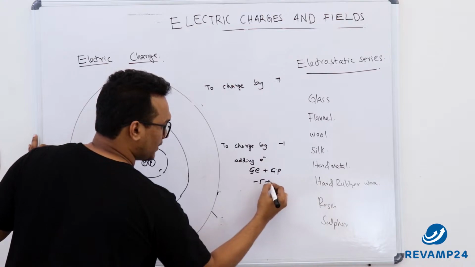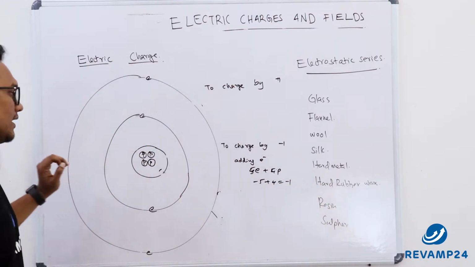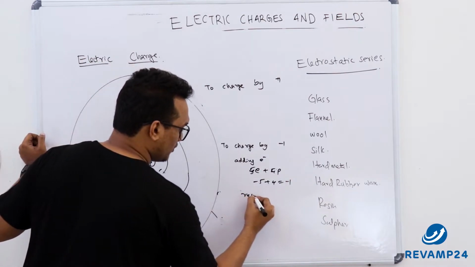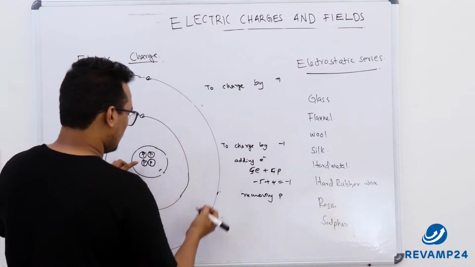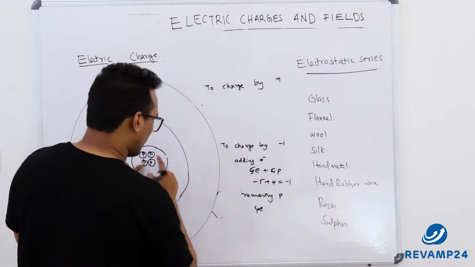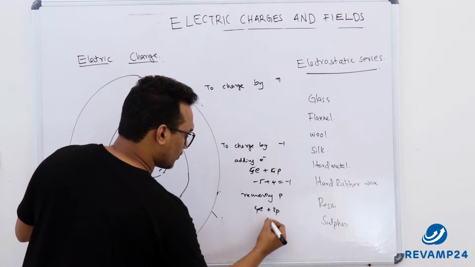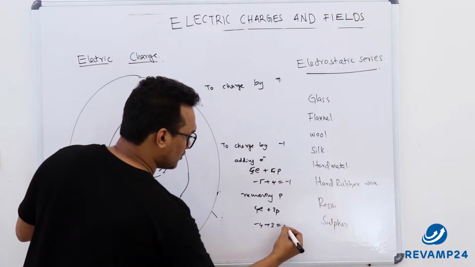So -5 plus 4 will be -1. And another case is removing a proton. So this will be 3 protons and 4 electrons. After one removal, that will be -4 plus 3, which is equal to -1.